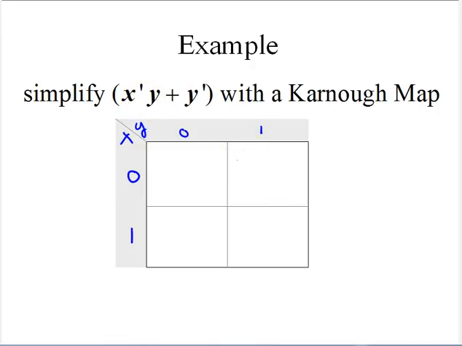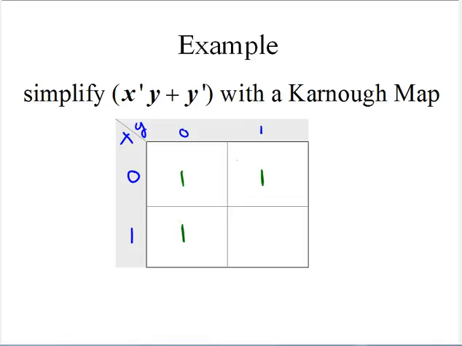So we'll load minterm 1 right here with a 1, or y prime. So y prime, that's where y is equal to 0, our function is going to be equal to a 1 there. So y is equal to 0 both here and here.